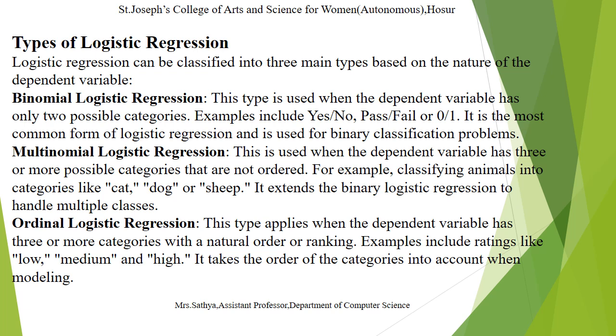Then ordinal logistic regression applies when the dependent variable has three or more categories with a natural order or ranking. Here also there are multiple values, but what is the difference between multinomial and ordinal? Multinomial doesn't follow an order, but ordinal follows order and ranking, for example a rating like low, medium, high.